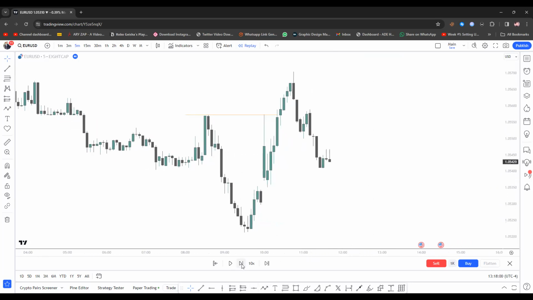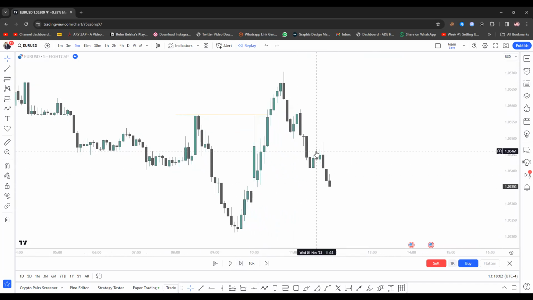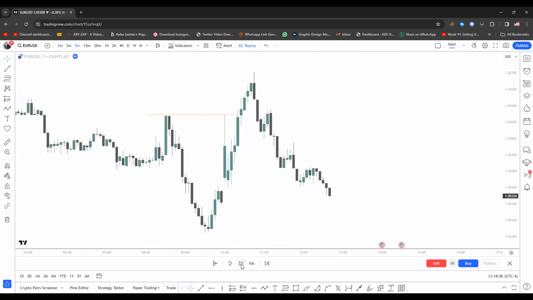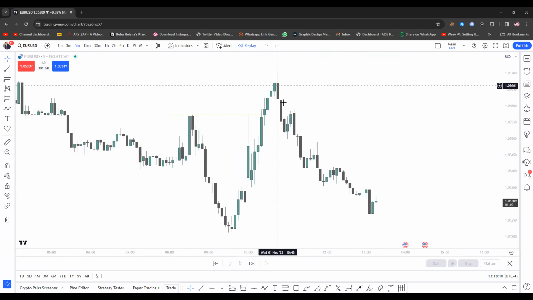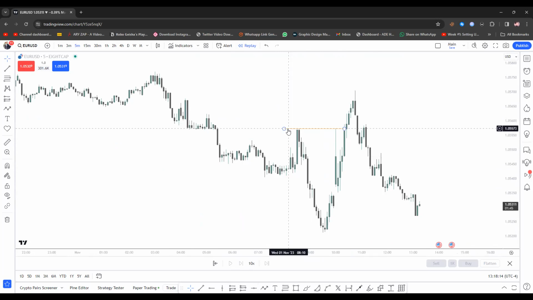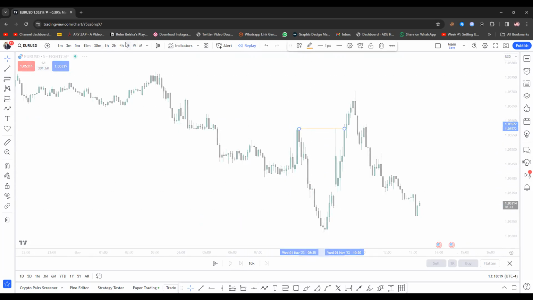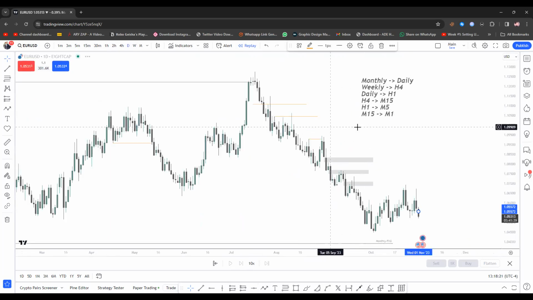Now you can see that the market takes out a high, reacts lower. So you can see how the market expands when it takes out an H1 high or an H4 high or low or a daily high. You can see this pattern on any time frame.